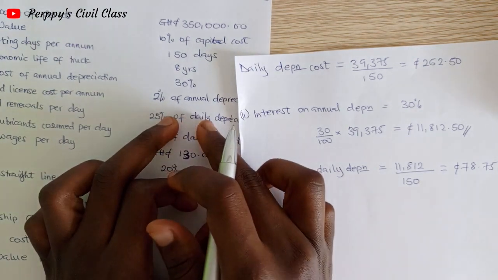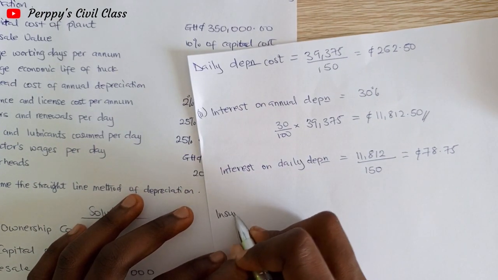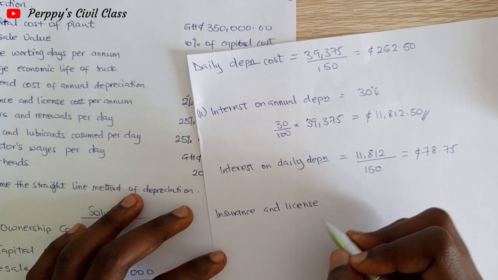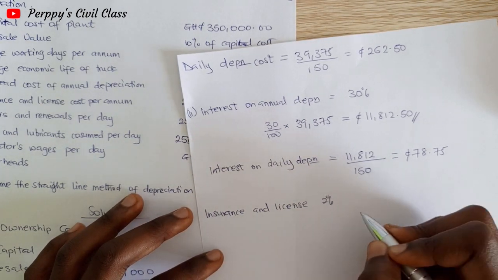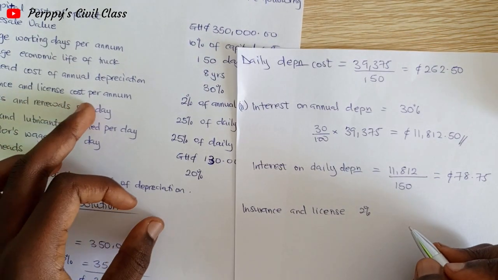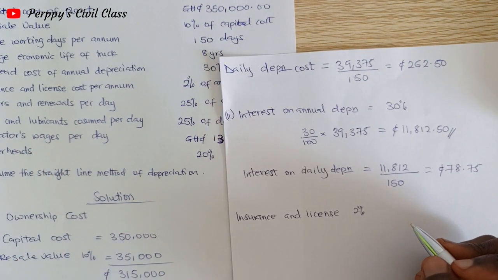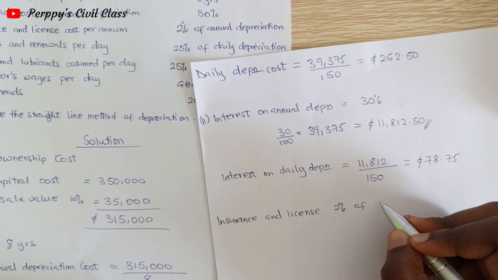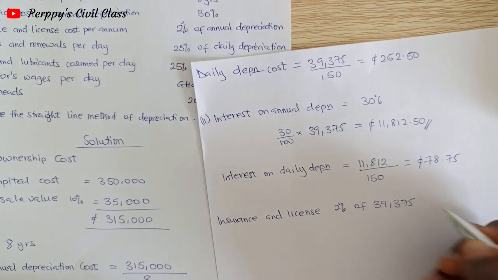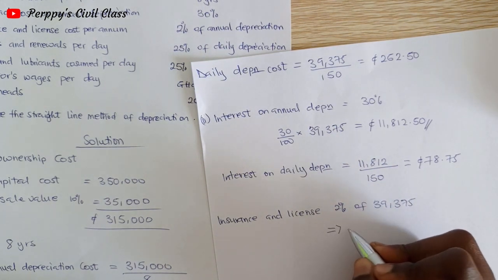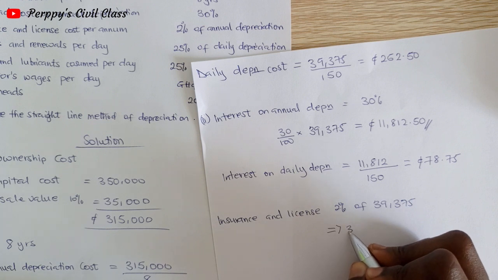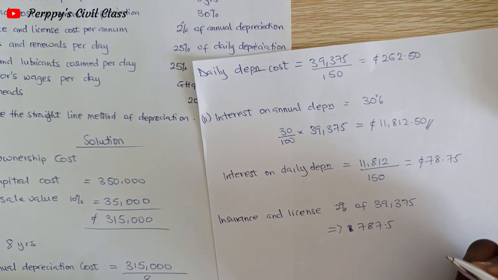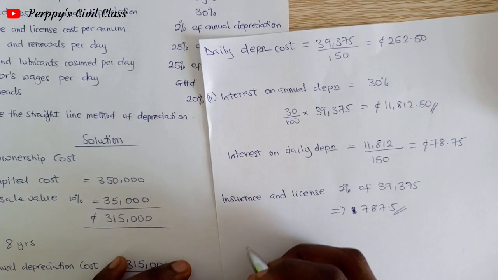Then insurance and license is 2% of the annual depreciation. So 2% of 39,375 is equal to 787.5 annually.